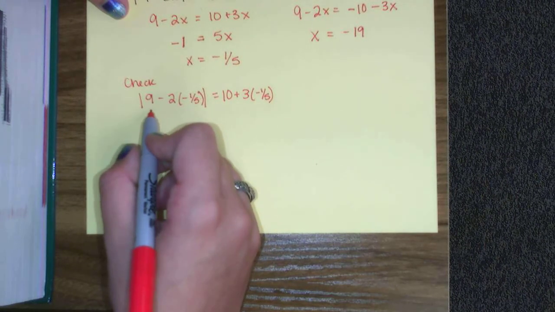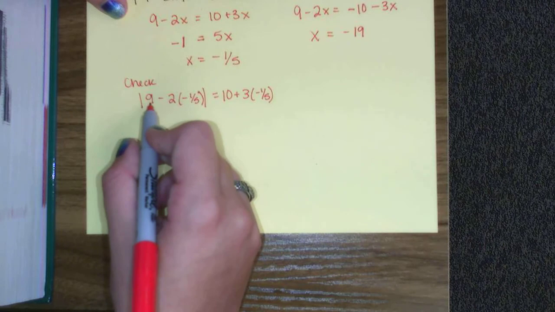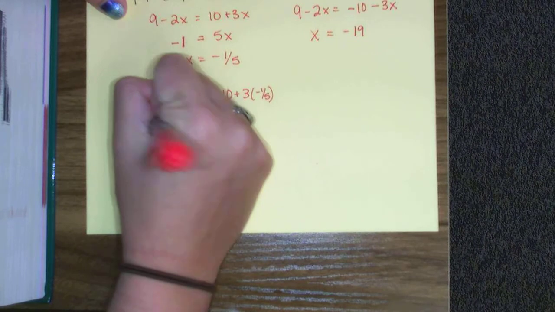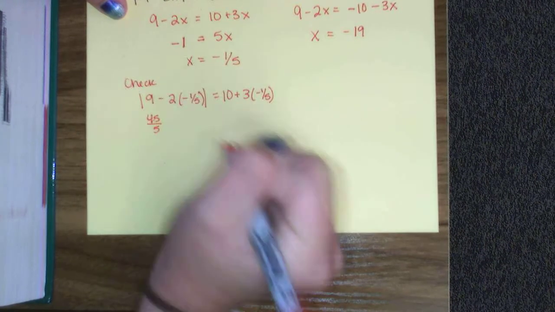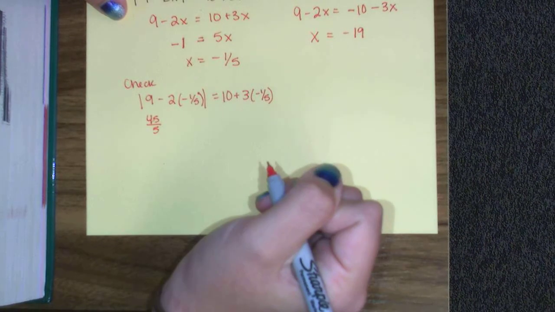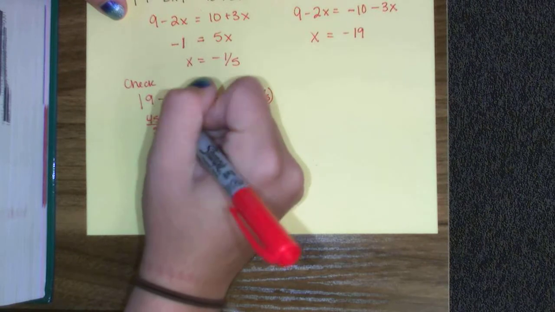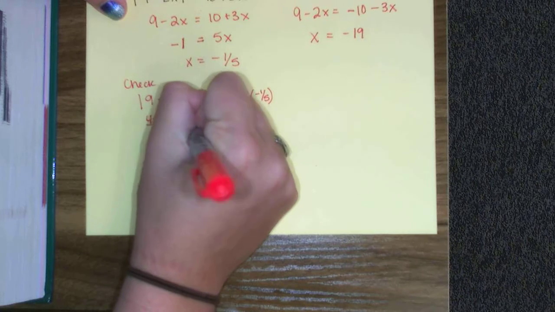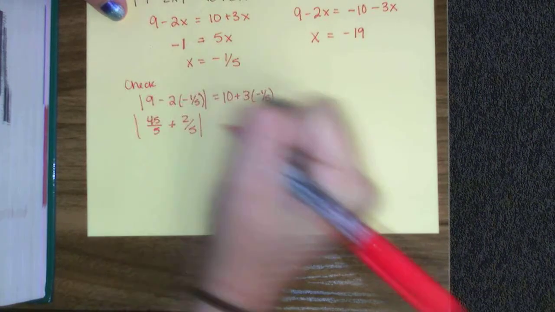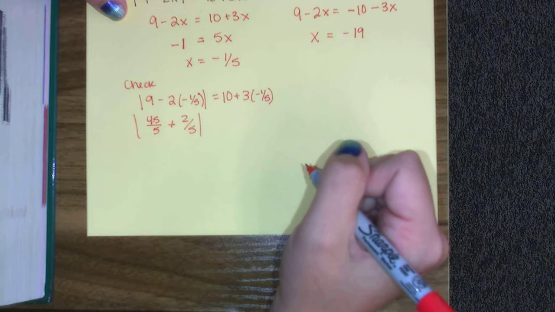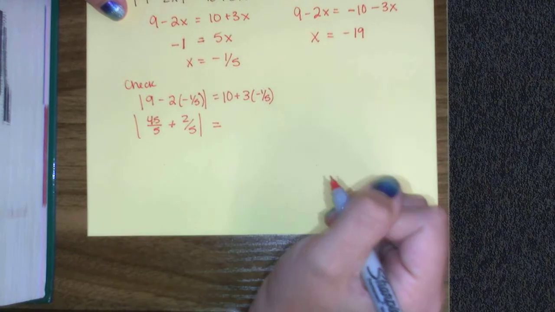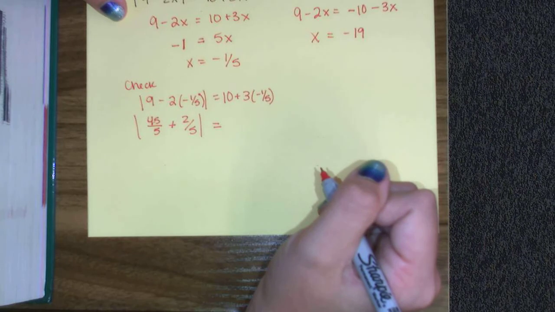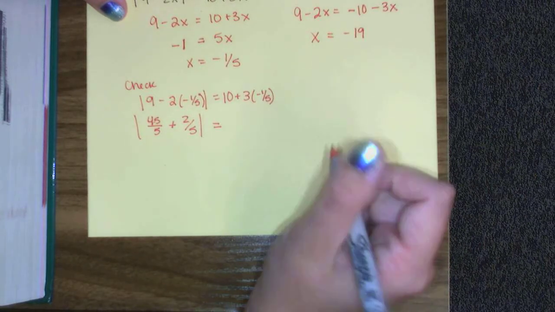So I need to get a common denominator here, so I'm going to multiply this 9 by 5 over 5 to give me 45 over 5, plus 2/5. Negative times negative, positive.